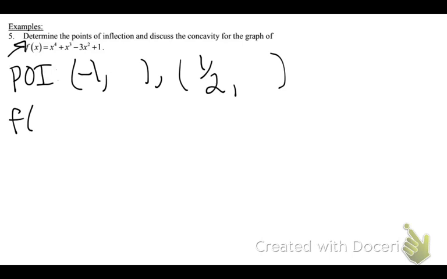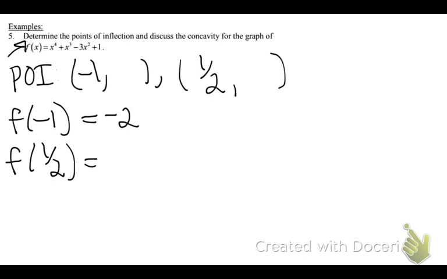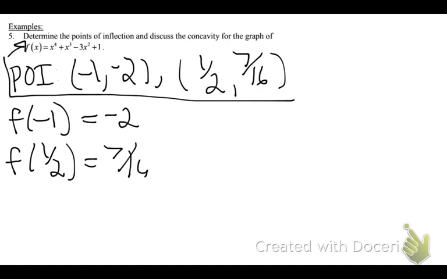So f of negative 1 will give us an output of negative 2, and f of 1/2 will give us an output of 7/16. So we have a point of inflection at negative 1, negative 2, and 1/2, 7/16.